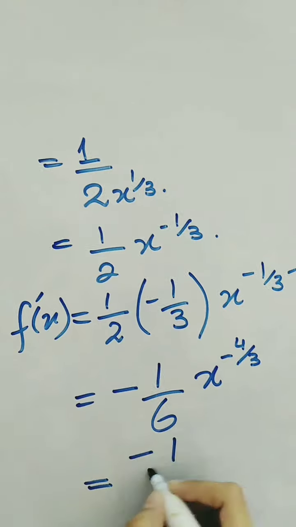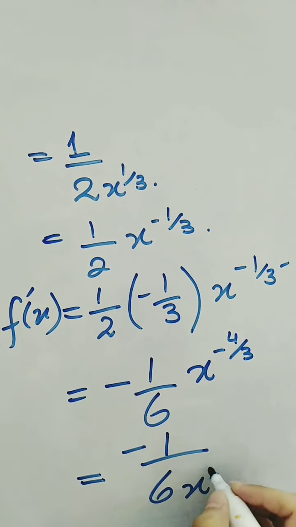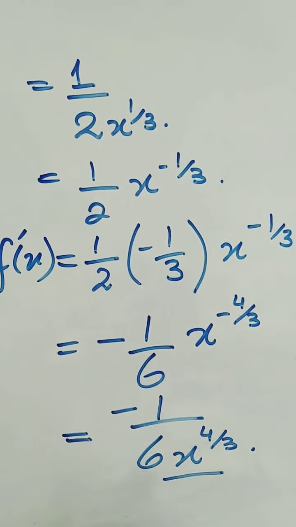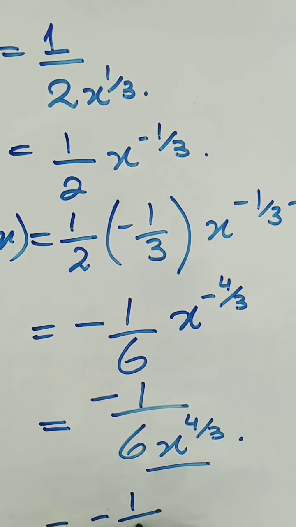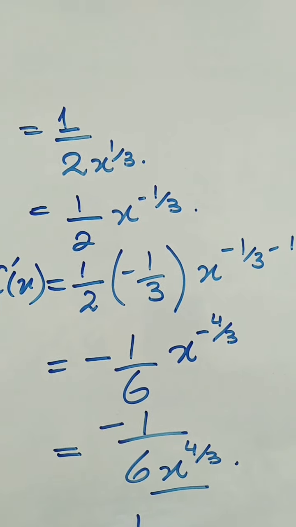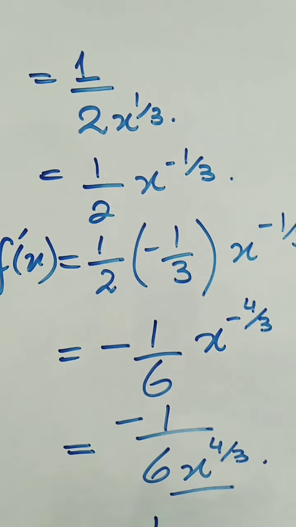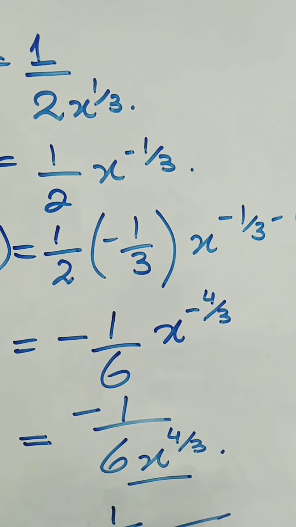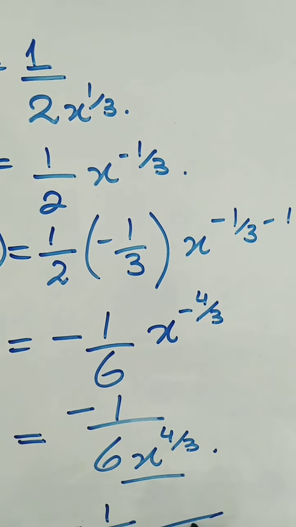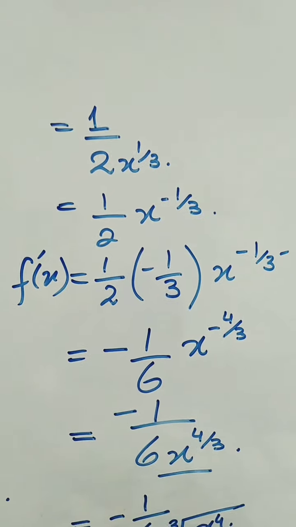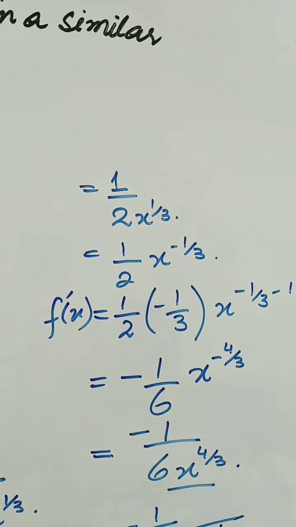Now we have minus 1 over 6 x raised to the power 4 over 3, or we can write it as minus 1 over 6 cube root x raised to the power 4. This is our answer.